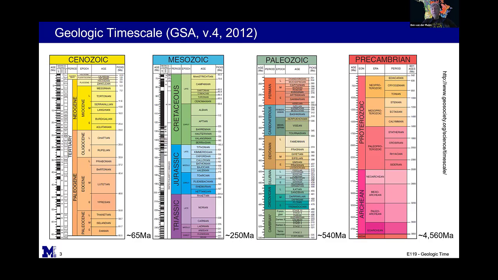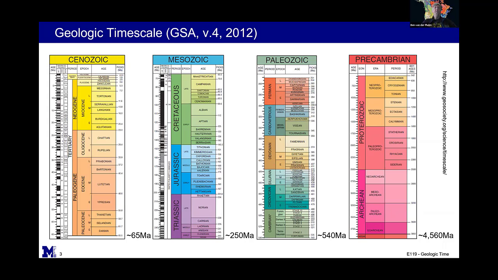What's interesting to remember is that another 4 billion years of Earth history is not covered by these first three eons. The Precambrian time, as we lump it, is this window that goes all the way back to the beginning of the Earth, 4560 million years. We break that down into eons, the Proterozoic, the Archean and the Hadean.